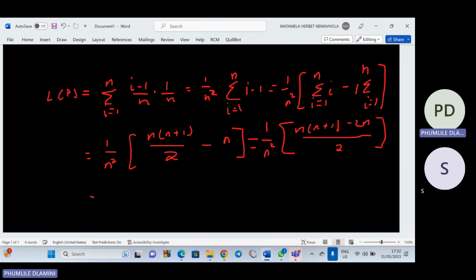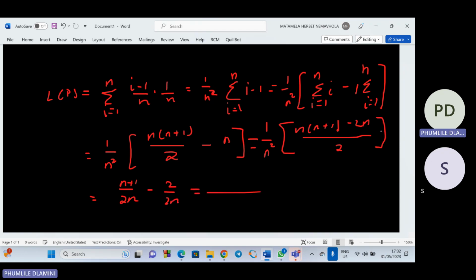So we can divide by n squared both sides. Then we're going to have n plus 1 over 2, and if I divide by n squared here, I divide this one first, then minus 2 over 2n again.